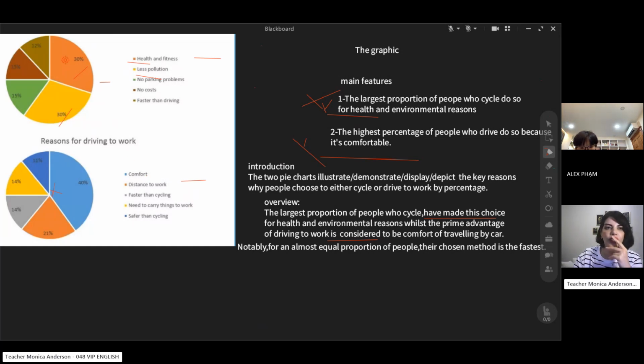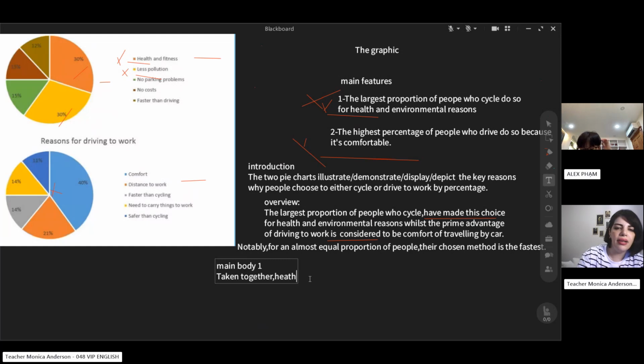So I want to talk about these two because they're the same and the most important, the highest percentage. So I say main body 1. Because I want to discuss both of them, I say taken together, both of them.